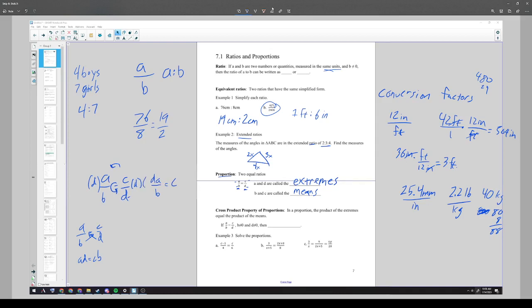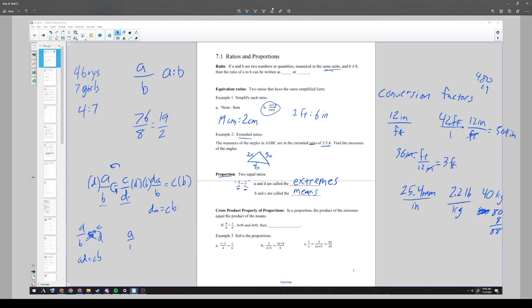I multiply both sides by B, and I get DA equals CB. So when we do this cross multiply trick where we draw the little cross in the middle, it's just really shortcutting these two steps of algebra, which is multiply by one denominator, then multiply by the other. In fact, we could just multiply by both at once, and that's really what we're doing here. We're just not showing it.